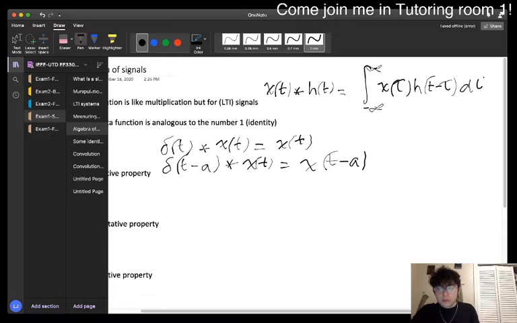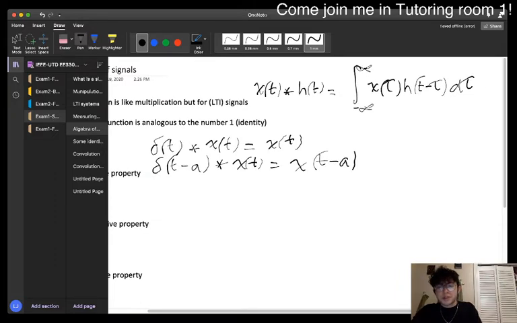Basically computing this involves that whole flip and shift process where we turn our functions into a function of tau, we flip, and then we shift it along to find overlap.